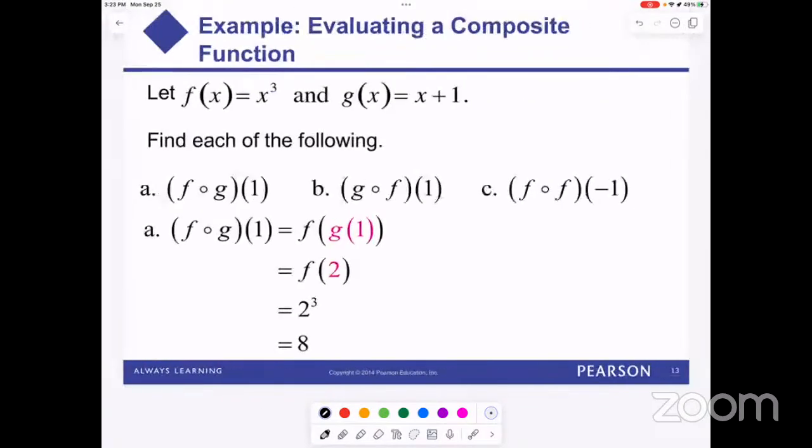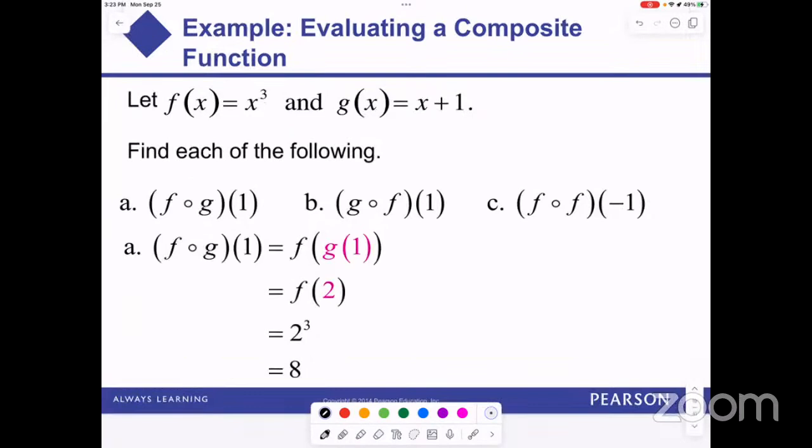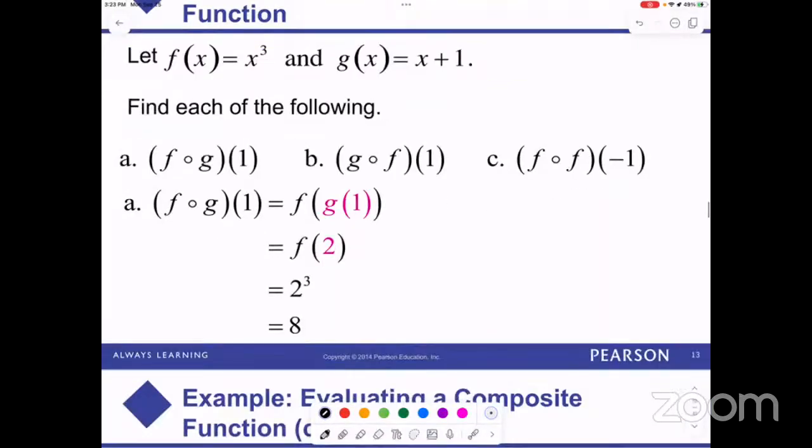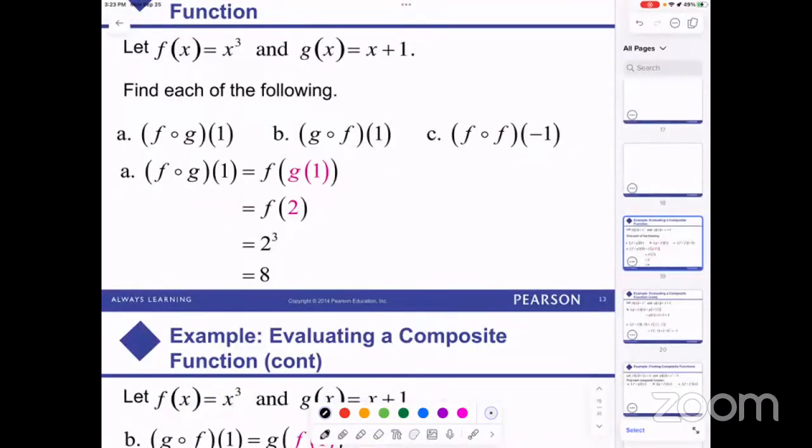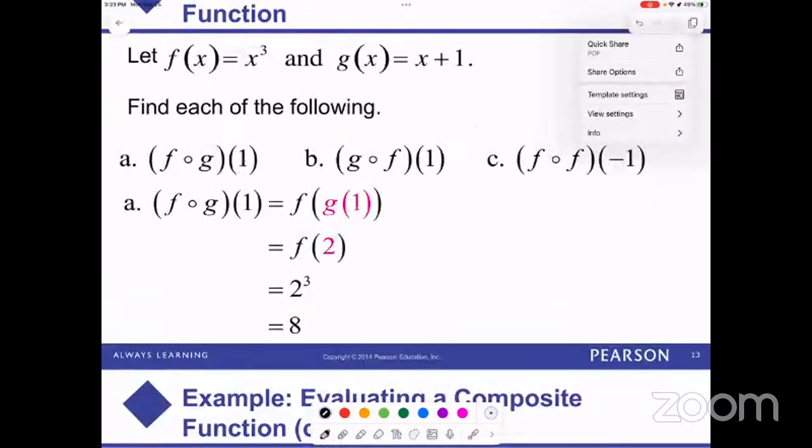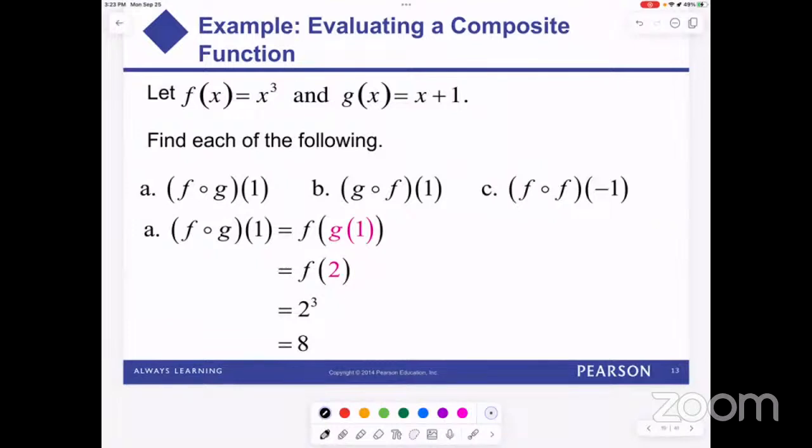So there's our 8. We got our 8, our 2, and our -1.